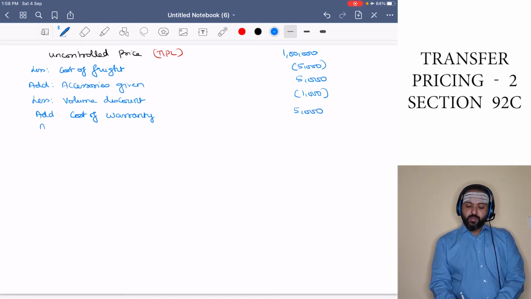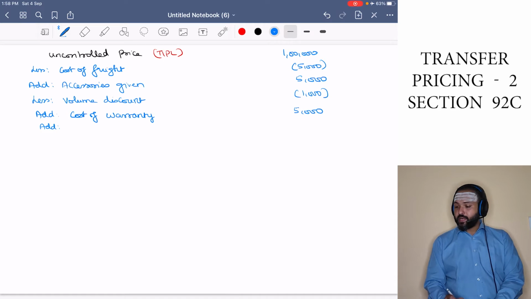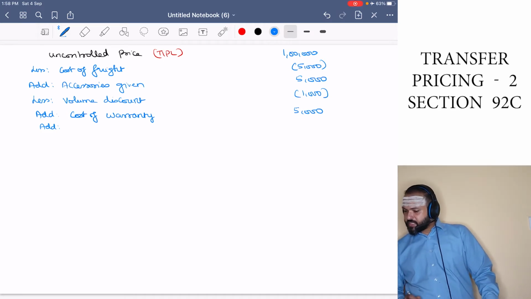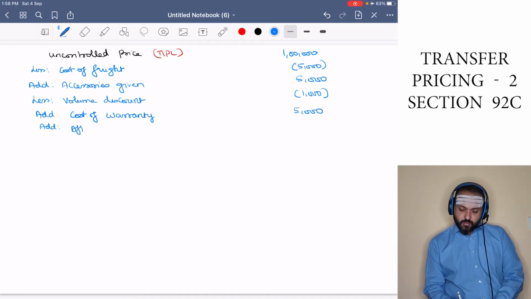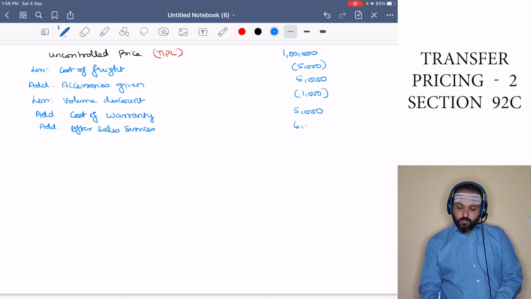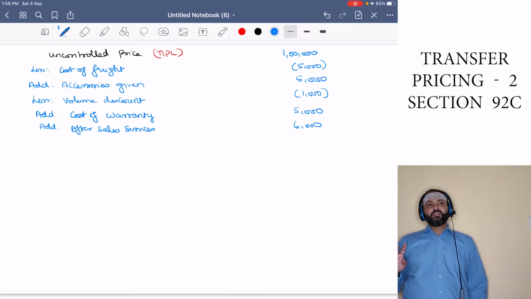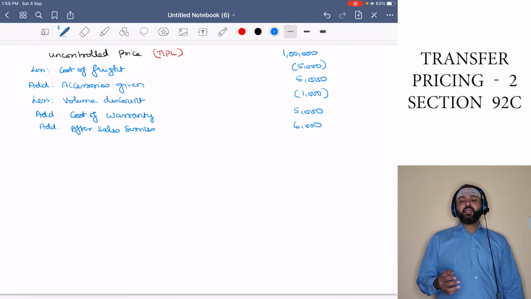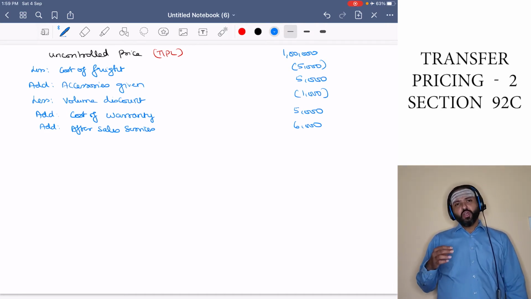And then let me finish the other transaction as well. Add after sales services, 6,000 per laptop. Now after sales services and warranty are given only to the related party, not given to the third party, not given to TIPL.